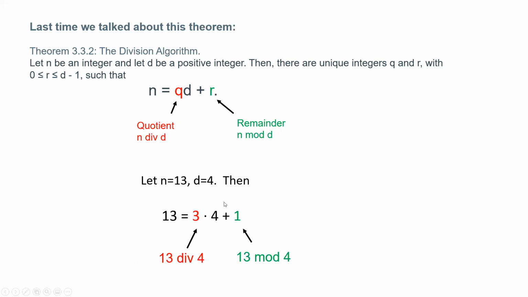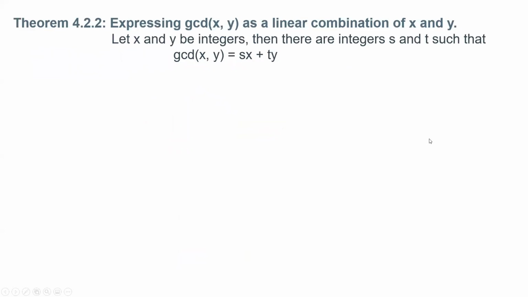So if I have two numbers, I can always write the largest number as the largest div the smallest, times the smallest, plus the largest mod the smallest. Okay, so just keep that in mind as I go to the next screen. Again, this is just a reminder, and we'll need to use it next.